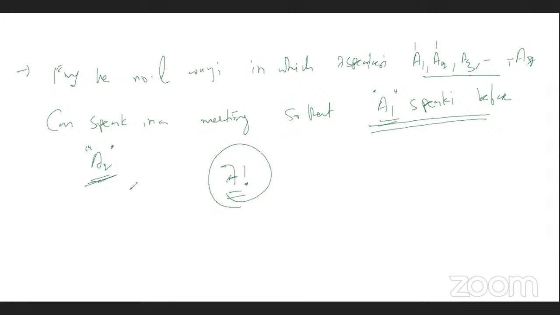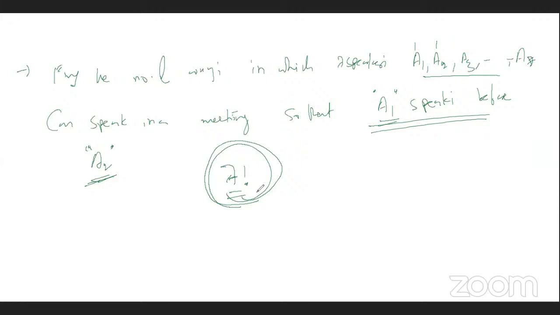They have equal chances, and we do not have any priority for A1 or A2. And how many ways do we have for A1 speaks before A2? Observe carefully. In the total number of cases, the number of ways of A1 speaks before A2 is the same as the number of ways of A2 speaks before A1.